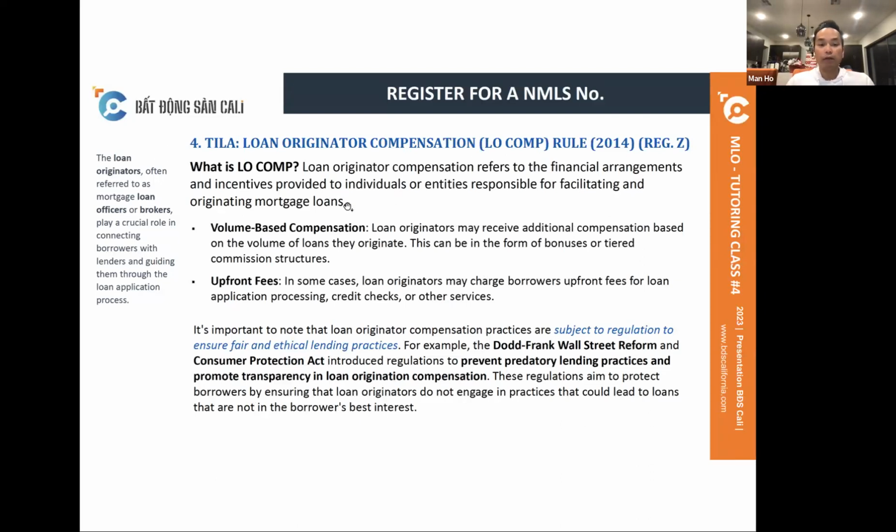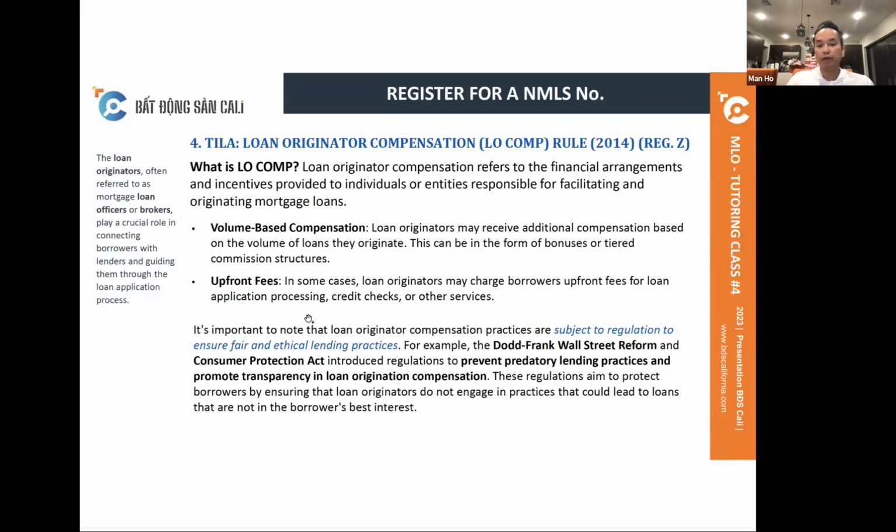And sometimes a loan originator can also get an additional bonus if they sell loans in volume. If they meet certain criteria, they're going to get some compensation from the broker when they originate the loans.